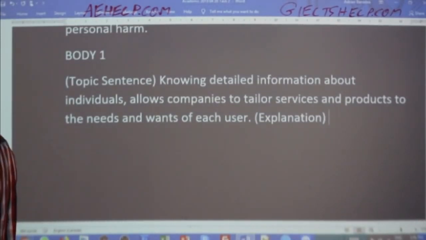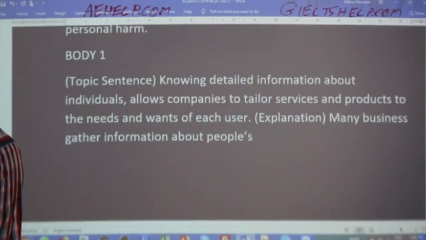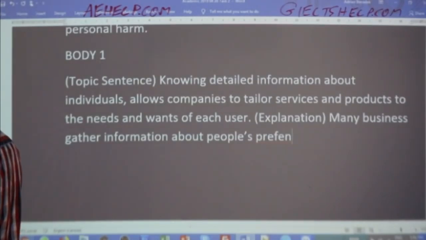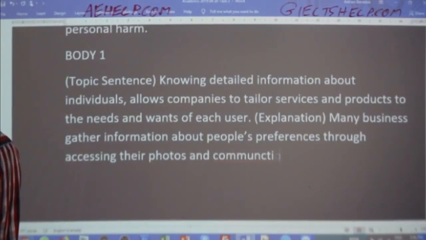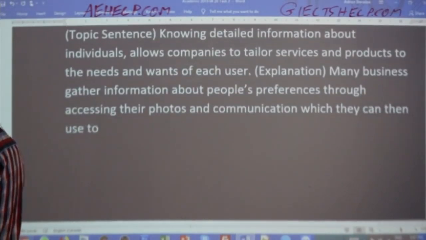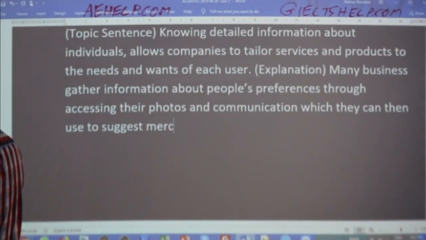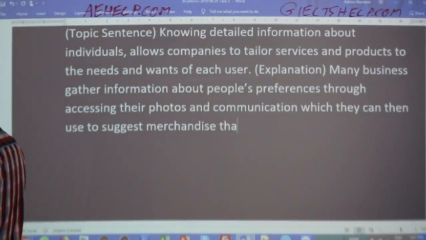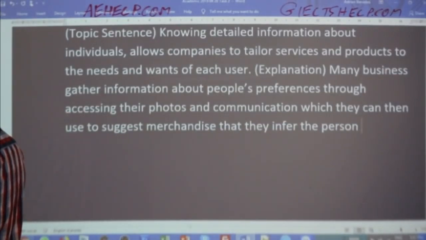So many businesses gather information about people's preferences through accessing their photos and communication, which they can then use to suggest products or goods or merchandise, which they assume or infer the person likes or prefers.